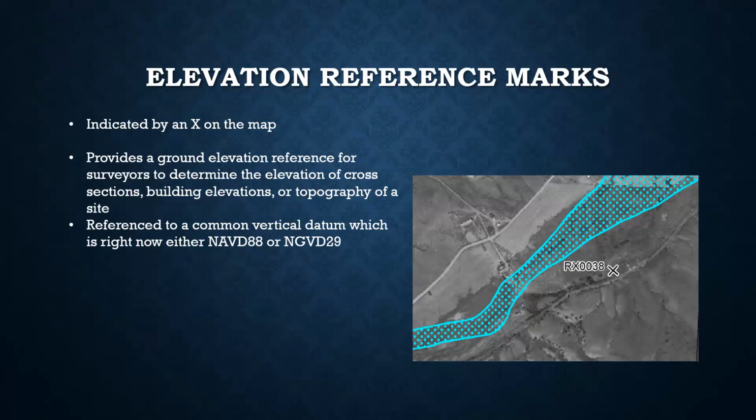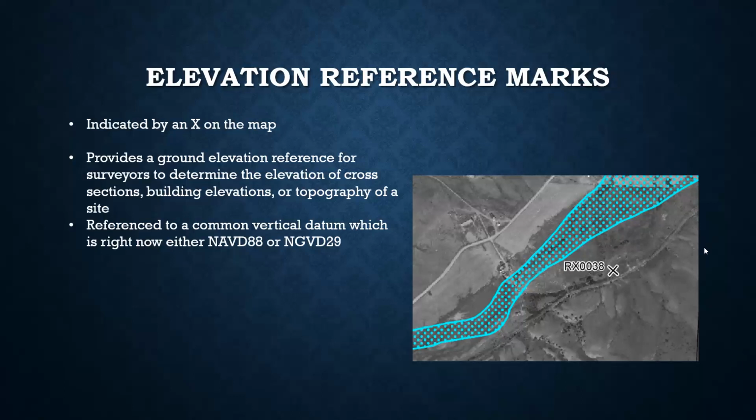Okay, elevation reference marks. These are also going out. Some maps might still have them, but they have all this new fancy tech now that you can find those reference marks digitally. But on some of the older maps, you might still see an elevation reference mark.